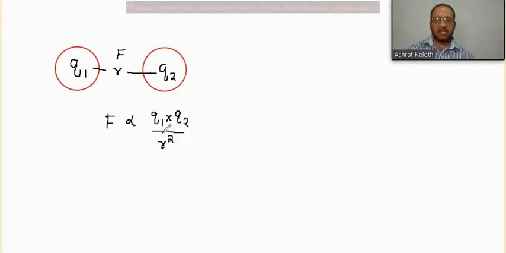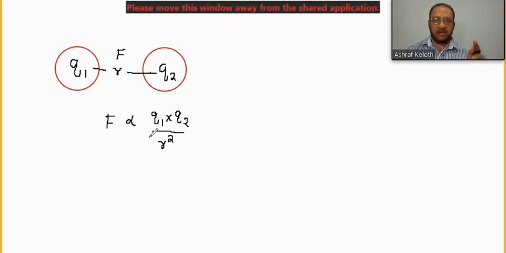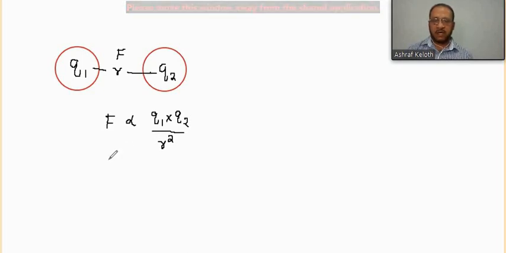This law is just like Newton's law of gravitation that we studied last year. In Newton's law of gravitation, if there are two masses m1 and m2 separated by a distance r, the force of attraction is directly proportional to m1 into m2 and inversely proportional to r squared. Same like that here, instead of mass it is q1 and q2. So F is proportional to q1 q2 by r square.